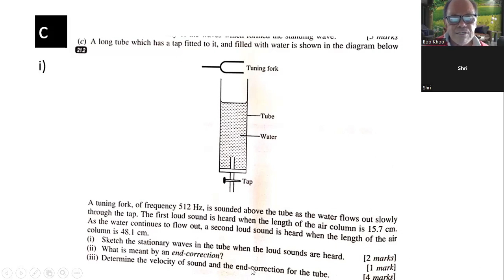The first loud sound is heard when the length of air column is 15.7 cm. As the water continues to flow out, the second loud sound is heard when the length of the air column is 48.1 cm. Sketch the standing wave in the tube when the loud sounds are heard.